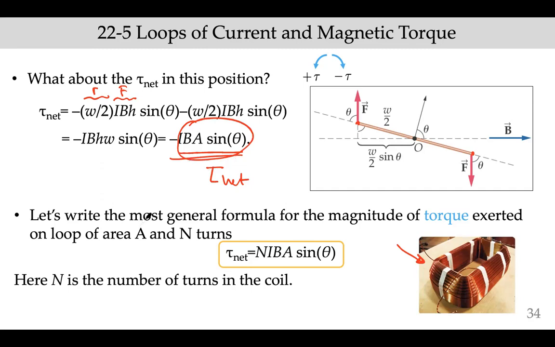And if you have n turns, then you multiply it by n. So if you have this coil with n turns, there will be n times more torque on it in comparison to this coil, which has just one turn. So this formula is the torque exerted on the loop of area A, with n turns.